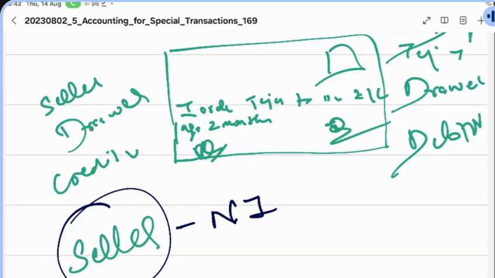Then bank says, okay, I will give you 1 lakh rupees, and I will collect from him 1 lakh rupees. I am not a social worker. I need some benefit. So I will be giving you less than 1 lakh rupees. Depending upon the rate of commission I will be charging you, I will deduct rupees from 1 lakh and give it to you, and I will collect 1 lakh rupees from Tejas.